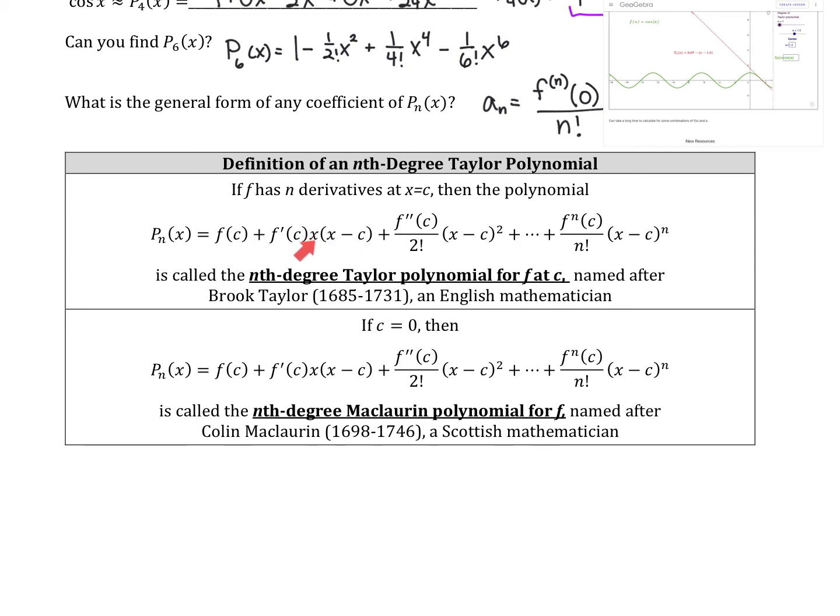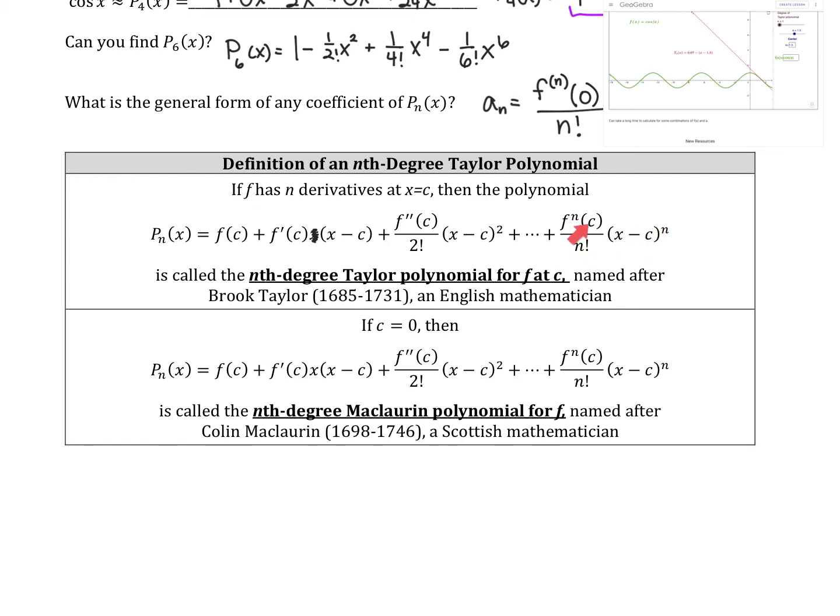Oh, that x shouldn't be there. Okay, cross off that x. I need to change that in my notes. All right, plus the second derivative evaluated at c divided by 2 factorial, x minus c squared, plus, and then we continue that pattern on until we get to the nth derivative evaluated at c over the n factorial times x minus c to the n.